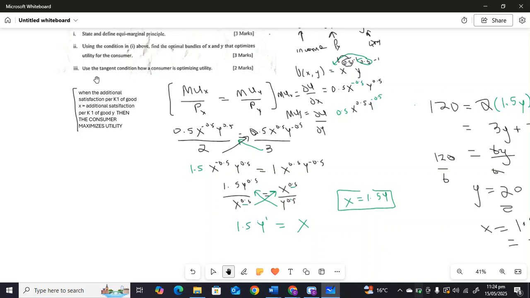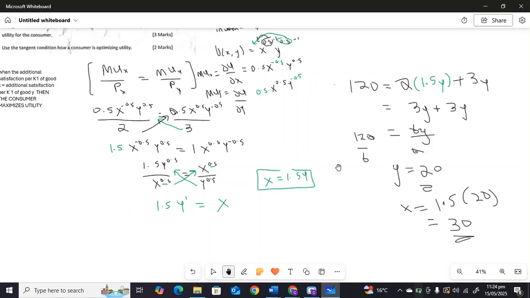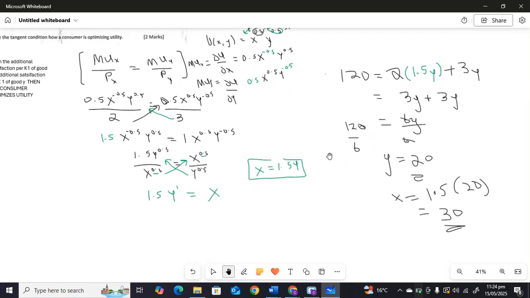Then part B, use the tangent condition on how a consumer is optimizing utility. So the tangent condition, colleagues, is where the slope of the indifference curve, which is the marginal rate of substitution, MUx over MUy. This is the slope of the indifference curve.